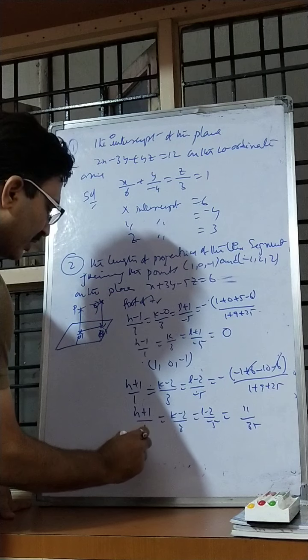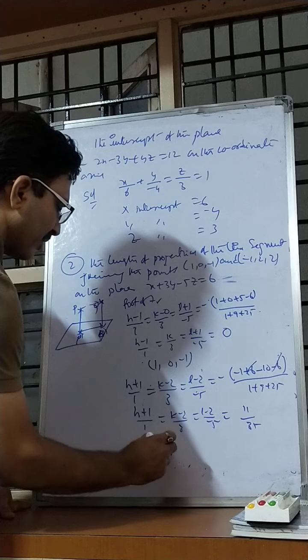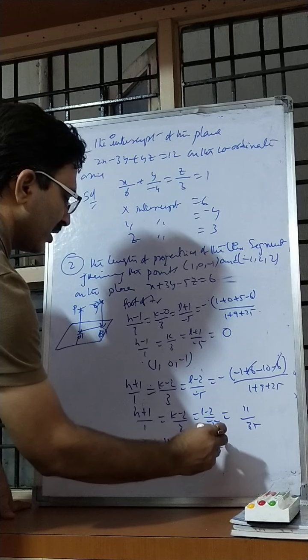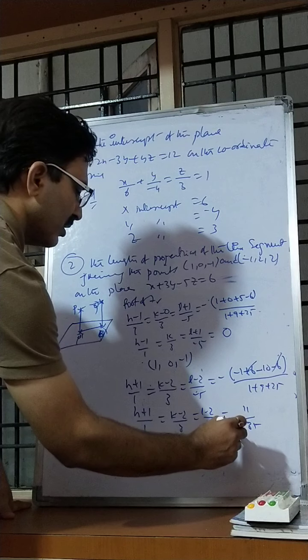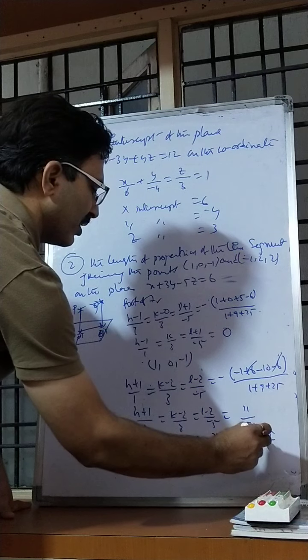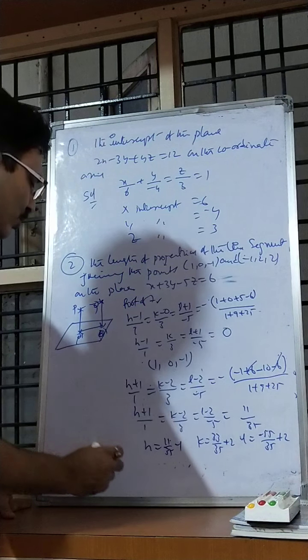Here one point we will get: h value is 11 minus 11 by 35, minus 1, k value is 33 by 35 plus 2, and L value is minus 55 by 35 plus 2, sir. You got it, 2 points.